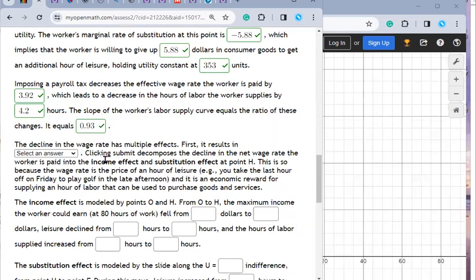Okay, the decline in the wage rate has multiple effects. First, it results in what? Consumption rising, no. Income rising, no. Hours worked rising, no. Leisure decreasing, right?